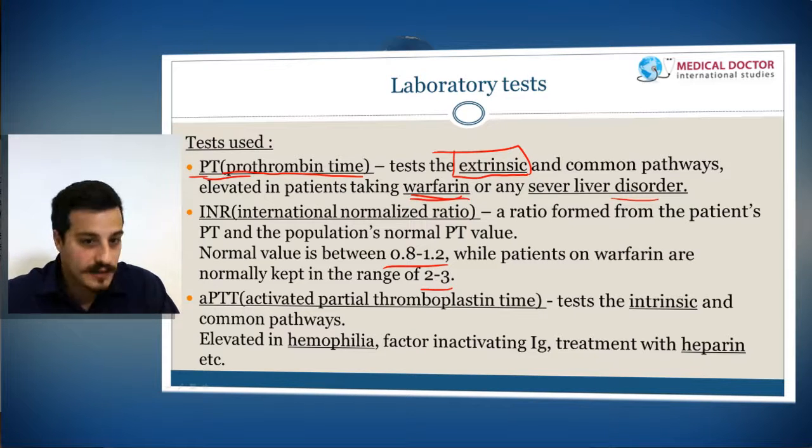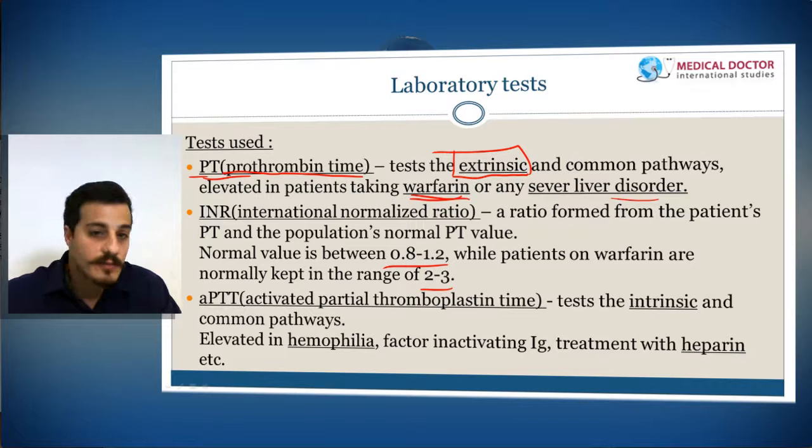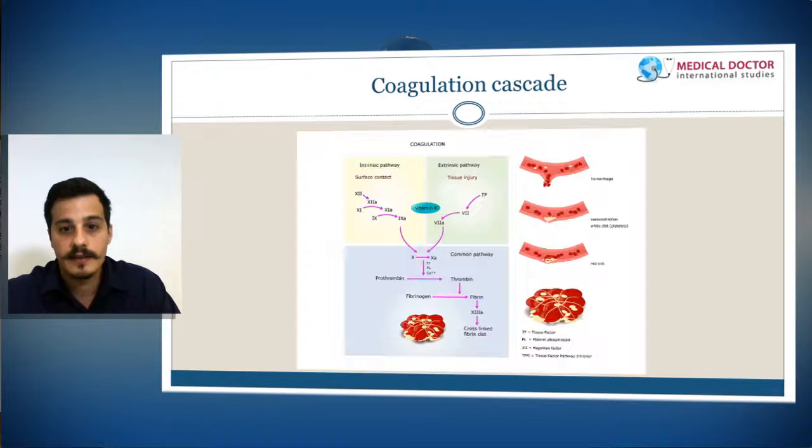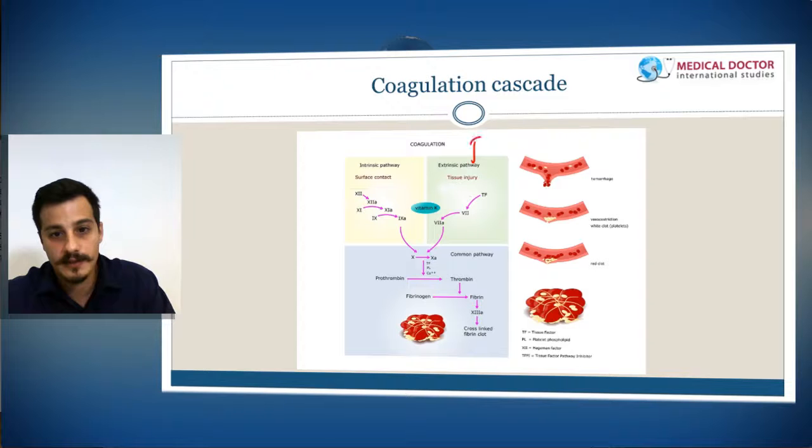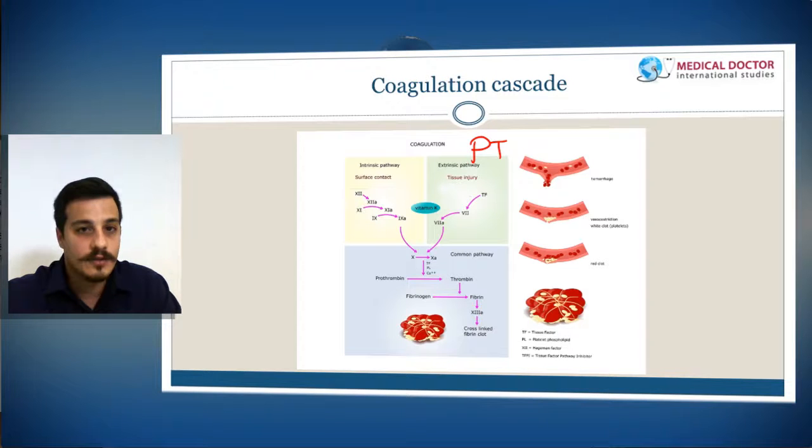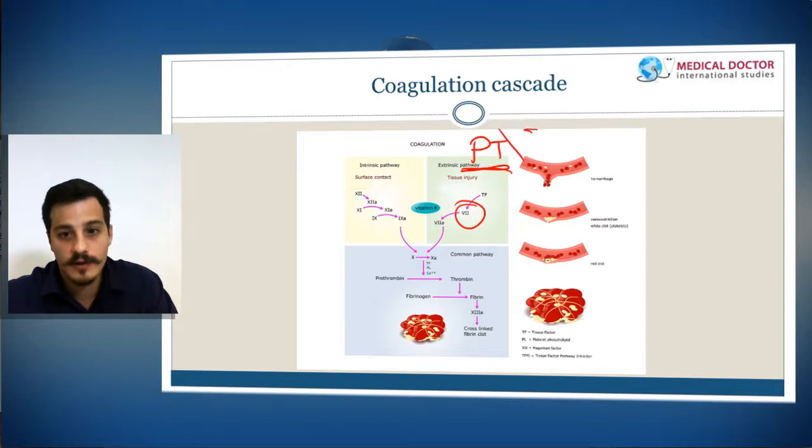If we're outside of this range, either above 3 or below 2, we can say that we need to do some dose adjustments of warfarin. So again, it is very important to associate PT with the extrinsic pathway. Okay, so warfarin, remember, affects factor 7 and it can be evaluated by PT or INR.